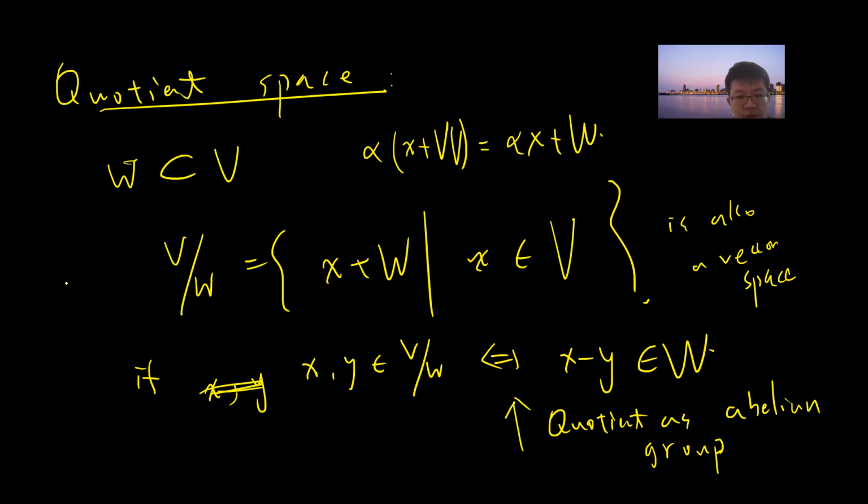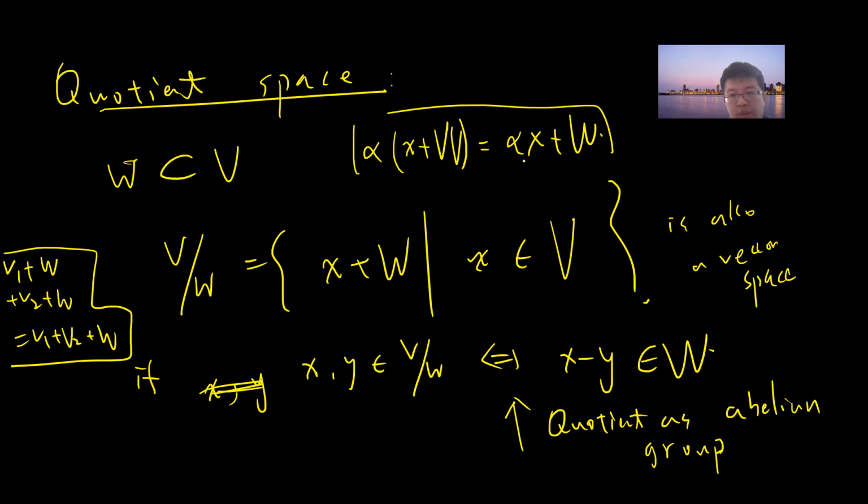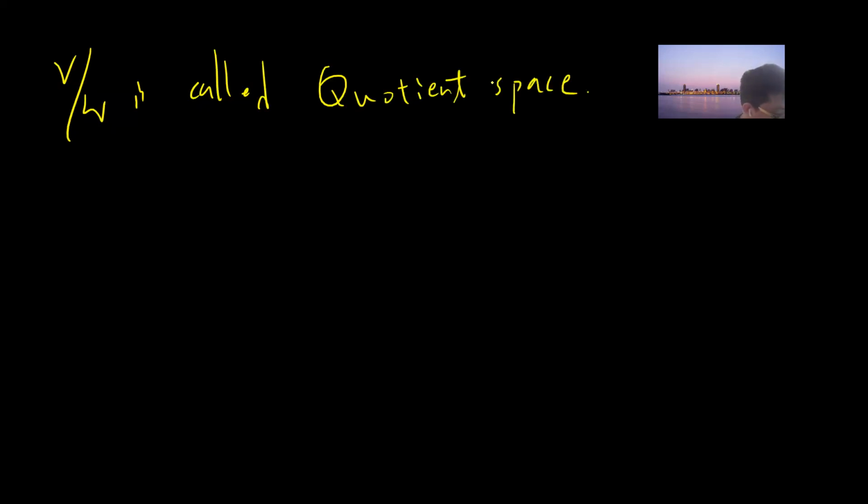Also, (v1 plus W) plus (v2 plus W) is basically v1 plus v2 plus W. So this is addition, this is the multiplication. So V over W is called the quotient space of V by W.